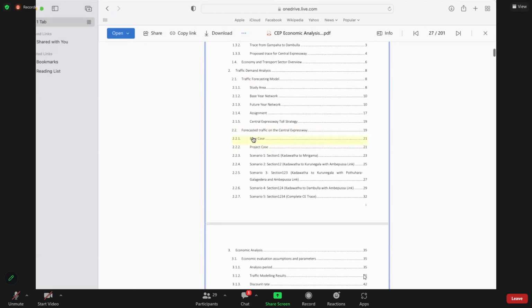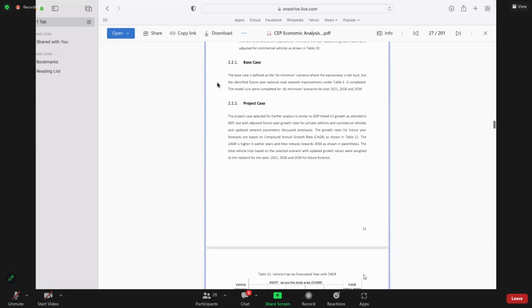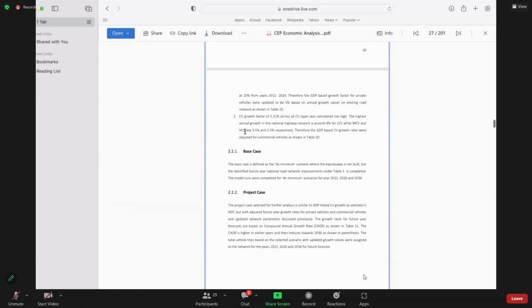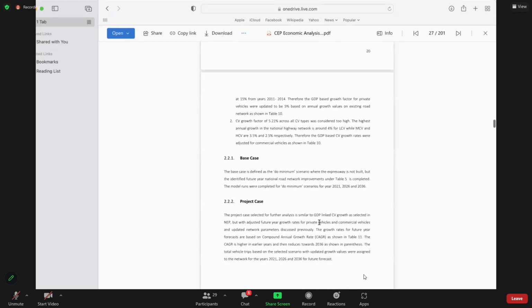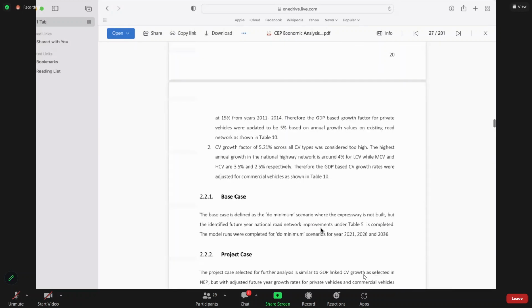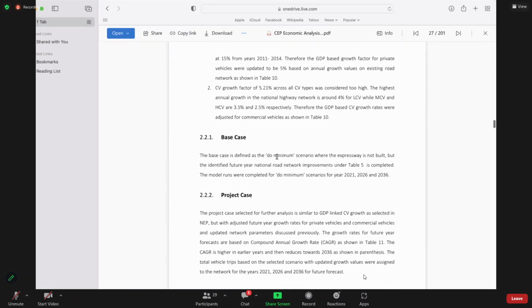So we discussed when we are identifying costs and benefits, we have to do it compared to the counterfactual scenario. In here, what they refer to as the base case. So what will be there if the project is not going ahead. So here their base case, it's the do minimum scenario.